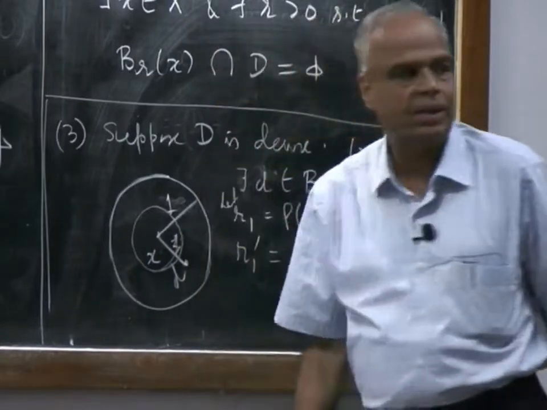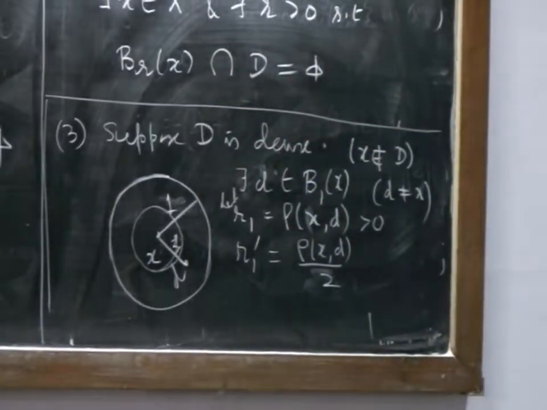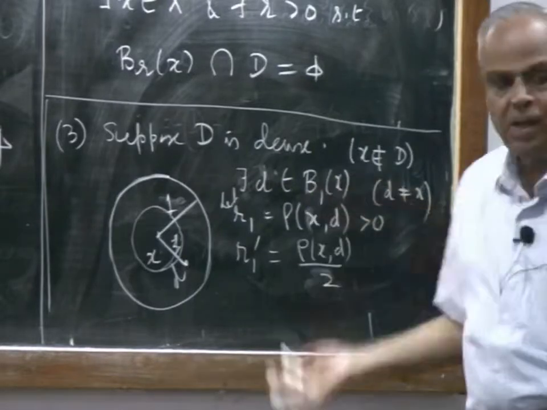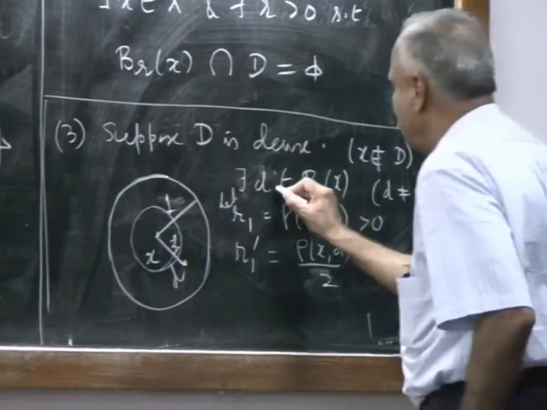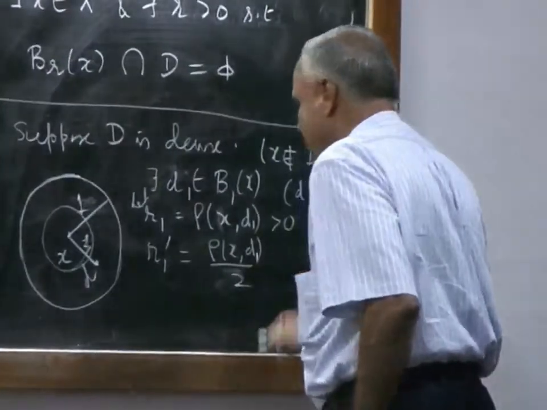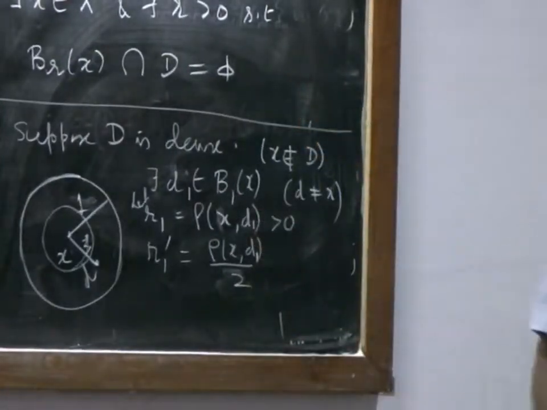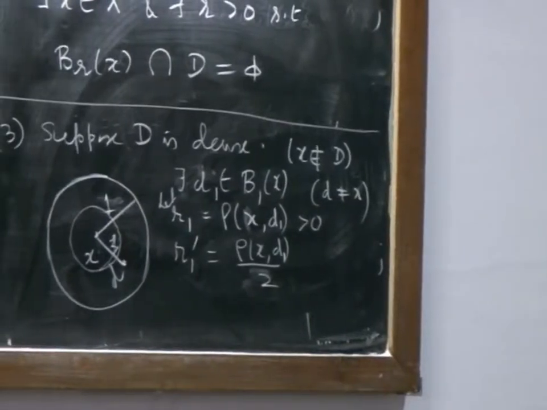I have got a disk. This is half of the distance between x and d. So d will lie outside that. So let me call it d1. Okay. But now inside B(R1 prime, x), there must be an element of D, because again D is dense.